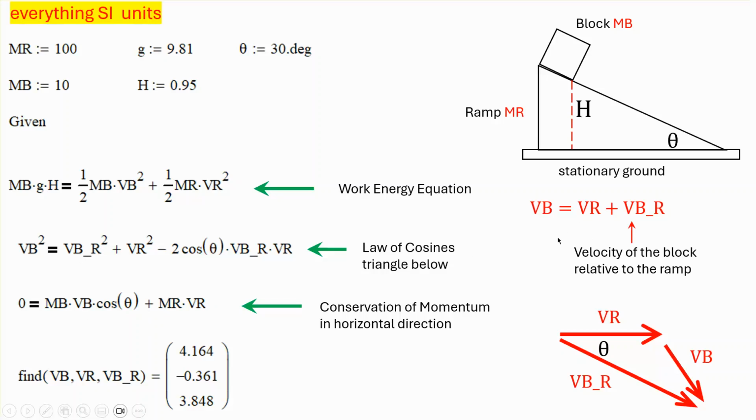Remember, there are essentially three unknowns here: velocity of the block, velocity of the ramp, and velocity of the block relative to the ramp. So basically, you solve these three equations for VB, VR, and relative velocity, and second year dynamics gives you this information. Okay, notice that velocity of the ramp did come out to be negative.